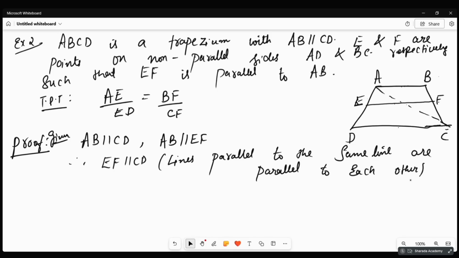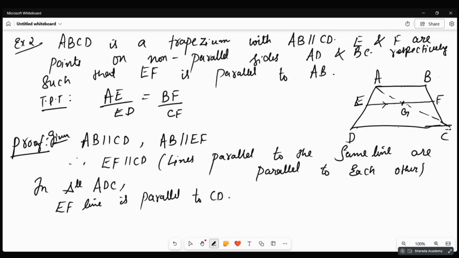Okay. Now consider triangle ADC. In triangle ADC, this EF line is parallel to CD, correct? So I can say EG parallel to CD.